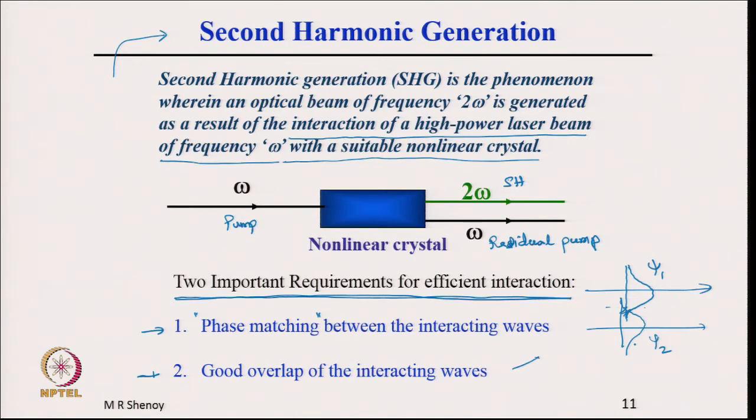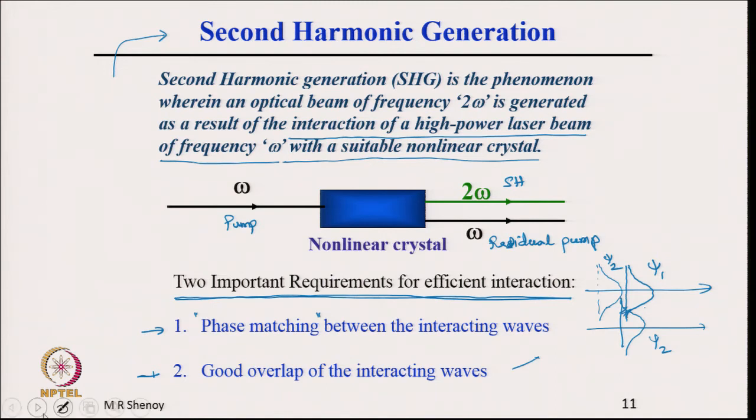On the other hand, if psi 2 were also travelling along with this with the same phase velocity, then the interaction would be very strong, because they are continuously interacting at the same spatial locations, and this is what is meant in simple terms by good overlap of the interacting waves.